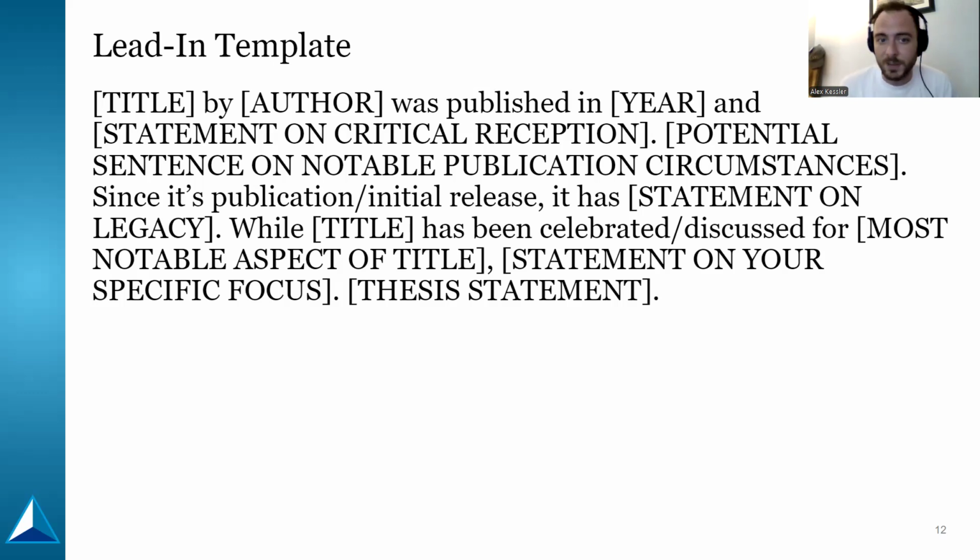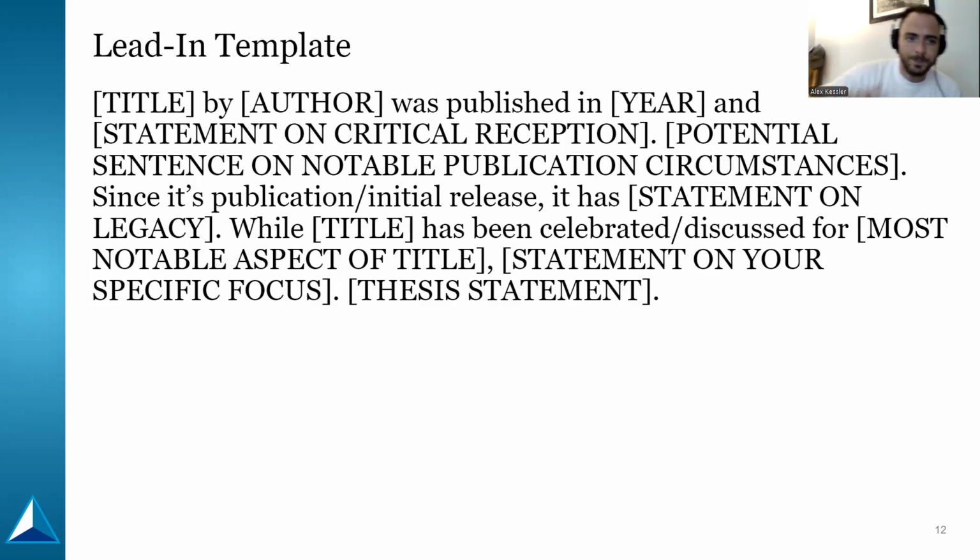You might give a potential sentence on notable publication circumstances. Maybe this was a posthumous text. Maybe it came out after the death of an author, in other words, or maybe there was some contentious circumstance that surrounded the publication. All things you could easily glean by giving a quick Google to the book you're working with.